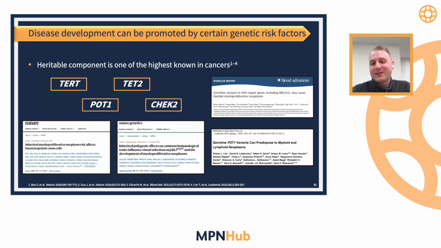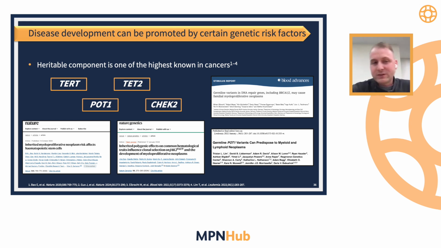But before the driver mutations themselves, what is quite striking is that there are now several papers in the literature that indicate that there are certain germline variants that predispose to MPN development. And I was very much surprised to see that the heritable component of MPN is very high compared to other cancers. So it seems like a lot of MPN diseases are driven by certain germline risk genes.